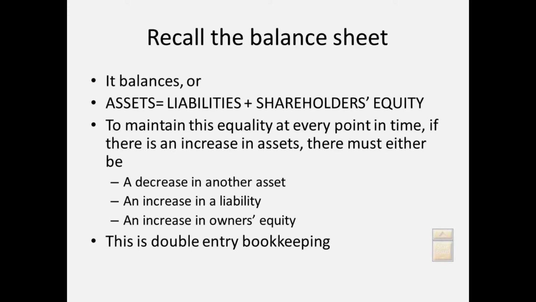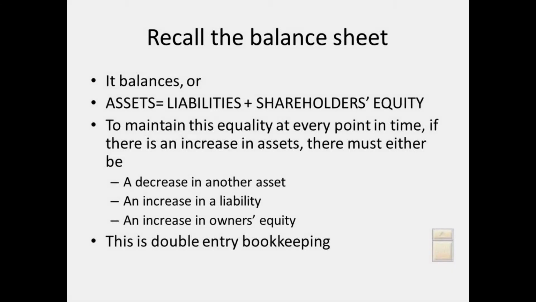What would be happening in that transaction? One asset would be going up still, right? I now have a machine, but what else is going up? My liabilities. Okay, so one thing goes up, one thing goes up. It can go the other way, like one thing goes down, as long as for every up, there's either an up on the other side or a down on the same side.